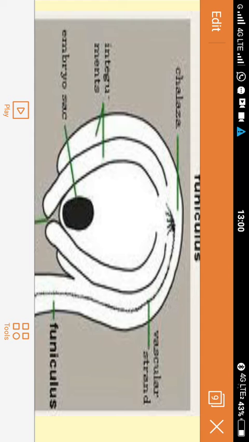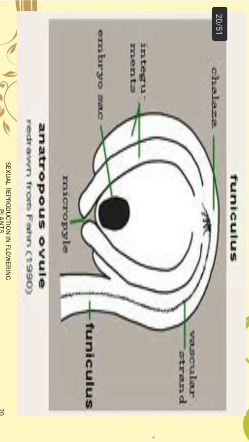But both integuments cannot completely cover the ovule. They leave a small gap called the micropyle. The end of the ovule at the micropyle is called the micropylar end. The end opposite to the micropyle is called the chalazal end.